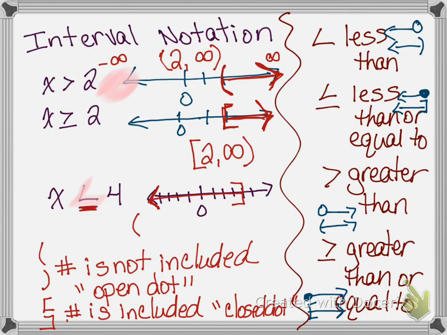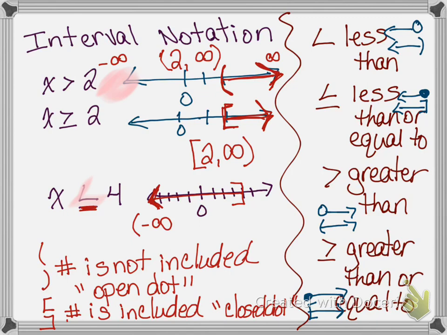So that is why, because we never reach infinity or negative infinity. We're always going to negative infinity. And so that is why your infinity and your negative infinity always have a parenthesis and they never have a bracket.